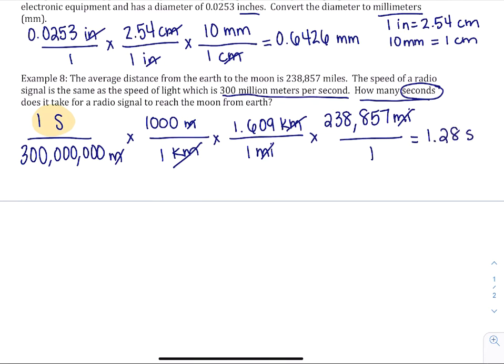Now what the textbook does is they start with the distance, because if you're trying to figure out time, then if you know the distance and you know the rate, you can divide that and you can get your time. So they start with the miles and then convert from miles to kilometers and then kilometers to meters, because we know that the speed of light is 300 million meters per second.